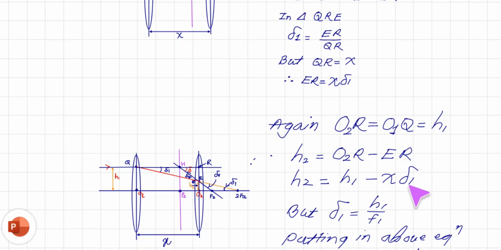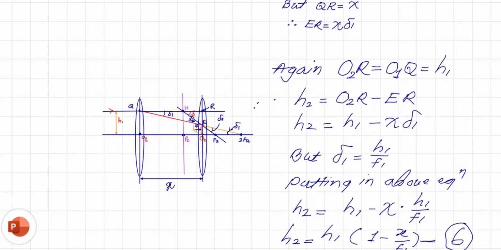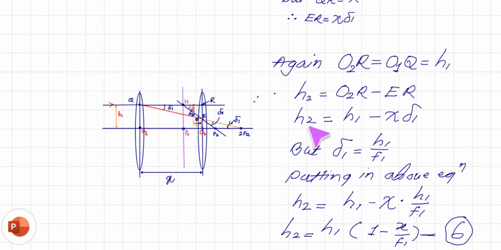So x delta 1. Now this delta 1 is nothing but H1 upon the focal length of the first lens. Putting in the above equation, H2 is equal to H1 minus x into delta 1, where delta 1 is equal to H1 upon f1.